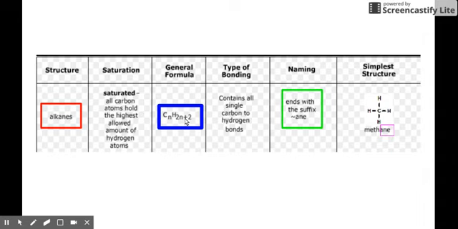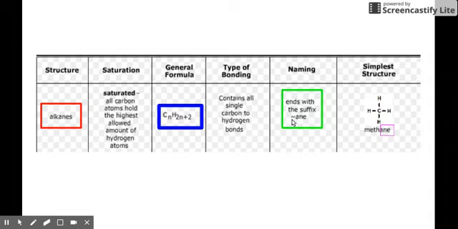So just remember that this is your governing or guiding formula every time you draw structures of alkanes, such that you will complete the number of hydrogens that should surround your carbon atoms according to its number. So CnH2n+2. And it's very easy to remember if it's an alkane based on the ending of its name.